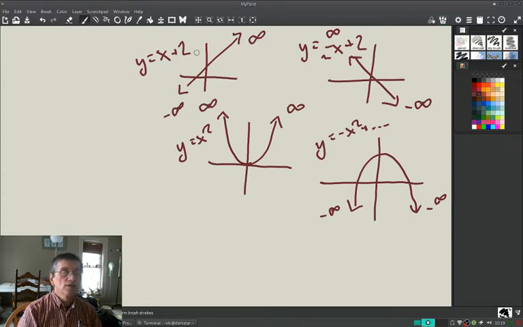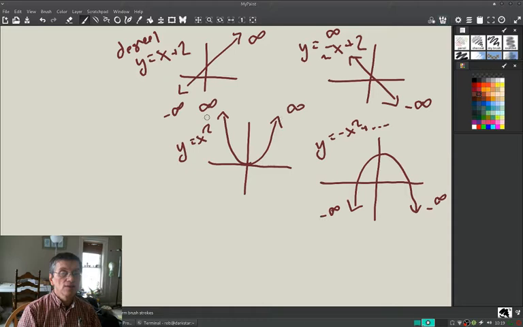So here you can look at it. If it's degree 1, it goes to infinity and minus infinity if it's positive, and the other way around if it's negative. Same thing here.